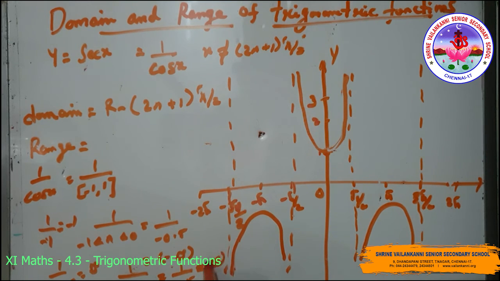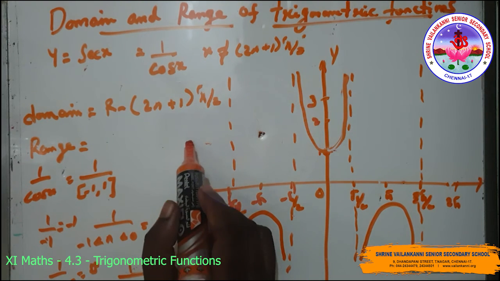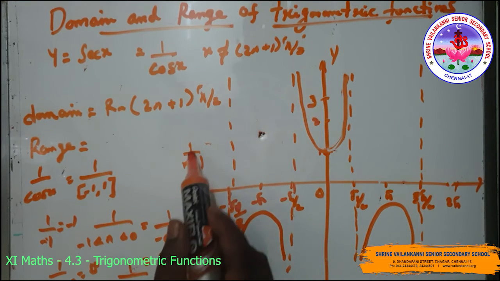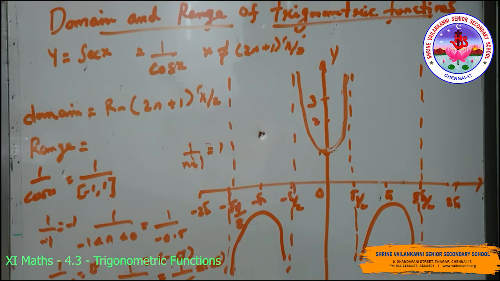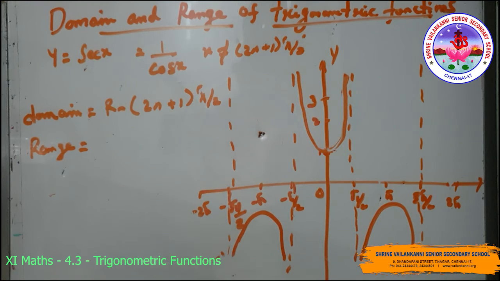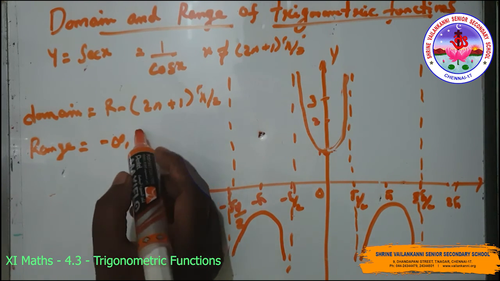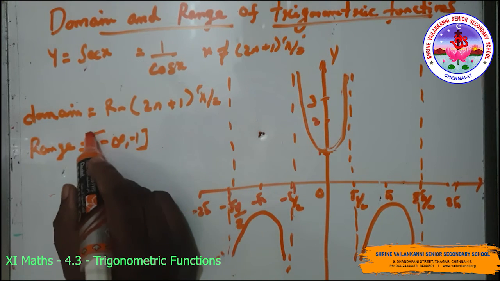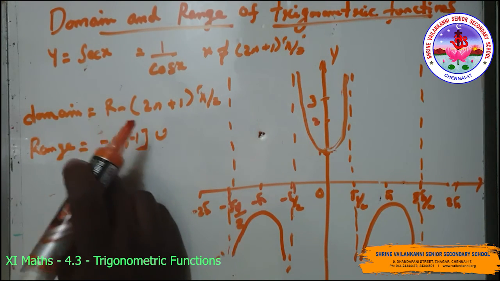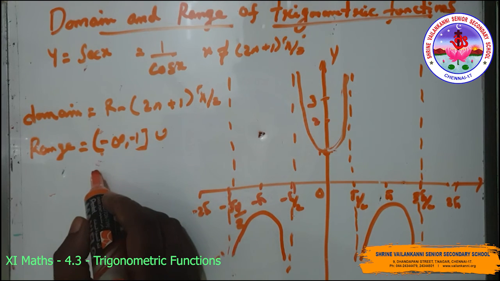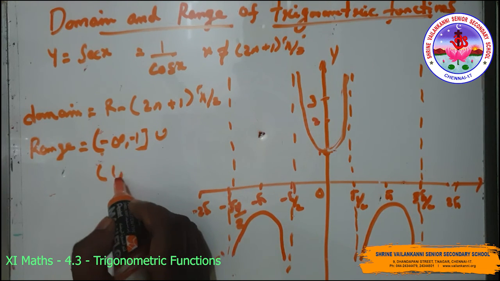So we can say this is infinity, and the final value is 1 by n equal to 1, so 1 by 1 is 1. So the range is between minus infinity and minus 1, and 1 to infinity. So the range is minus infinity to minus 1 union 1 to infinity.